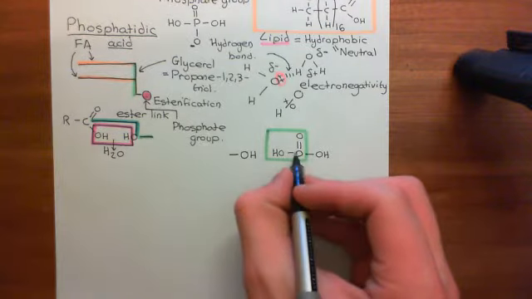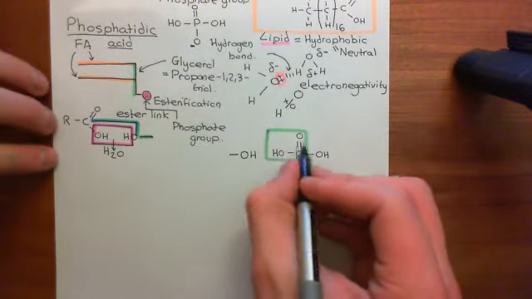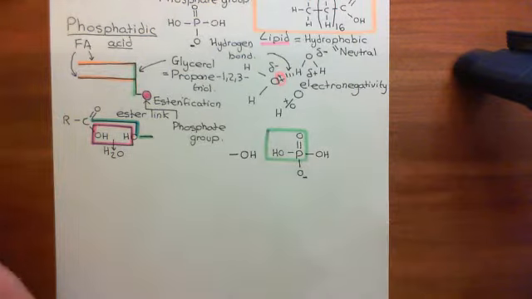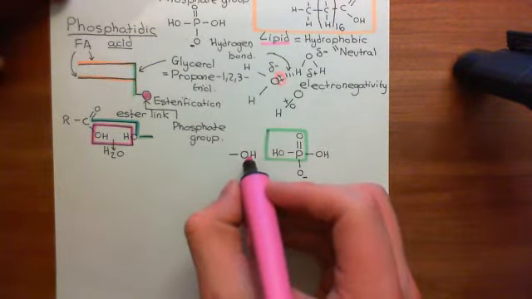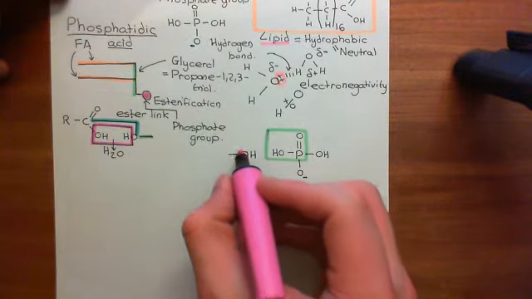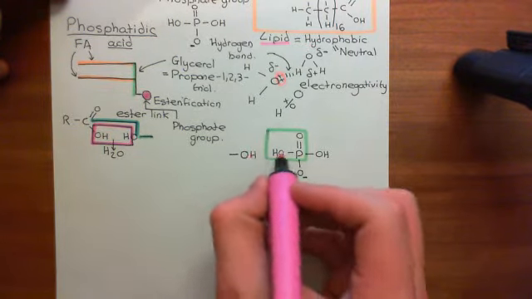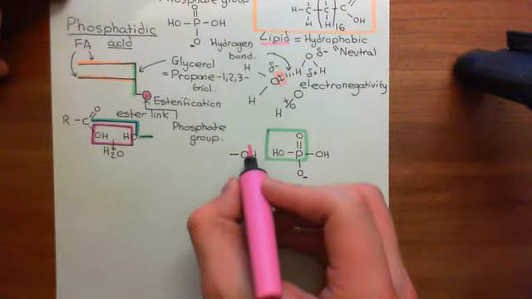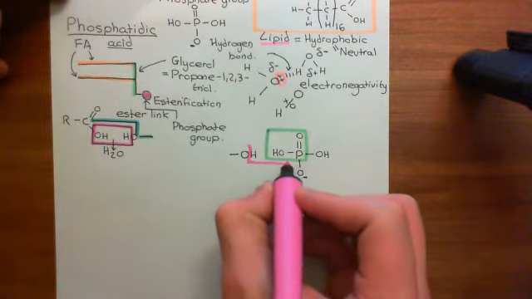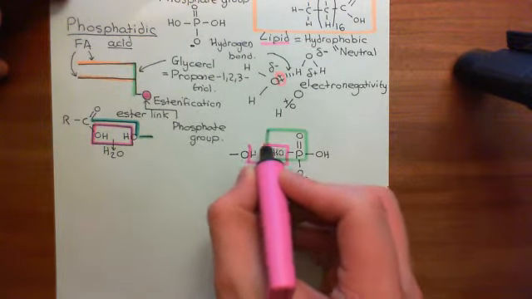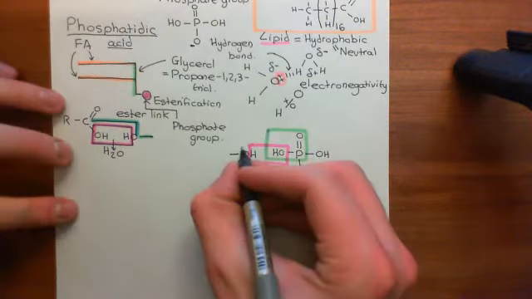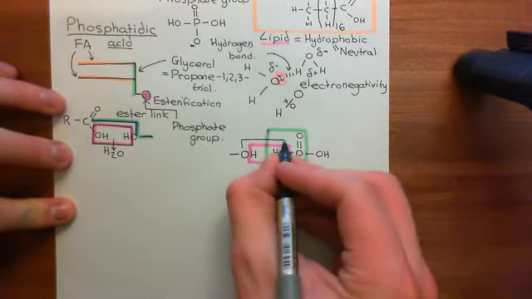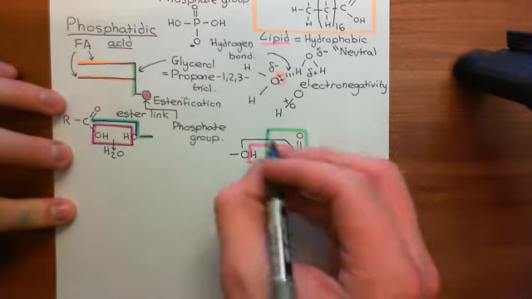Okay, and this carboxylic acid-like group within the phosphate group can interact with the alcohol group of the third carbon of the glycerol molecule just like a carboxylic acid group would. So you're going to take the hydrogen off the alcohol group, you're going to take the alcohol group off the phosphate group, and you're going to bind the oxygen atom of the alcohol group to the phosphorus atom of the phosphate group.